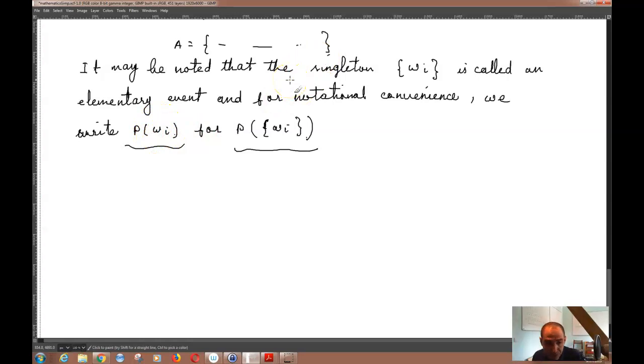Now let's go a little bit further and see what we have here. It says that, for example, in a coin tossing experiment, we can assign the number 1/2 to each of the outcomes, heads and tails.